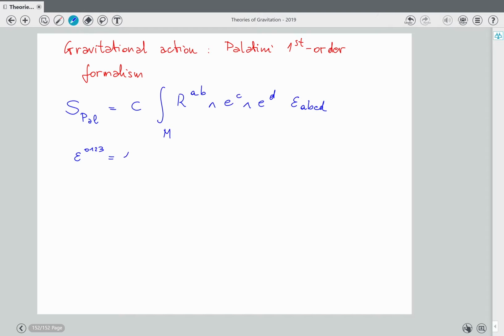where epsilon is the completely anti-symmetric tensor, and R^{AB} is again the form we are familiar with already. In that case here we just raise the right index.